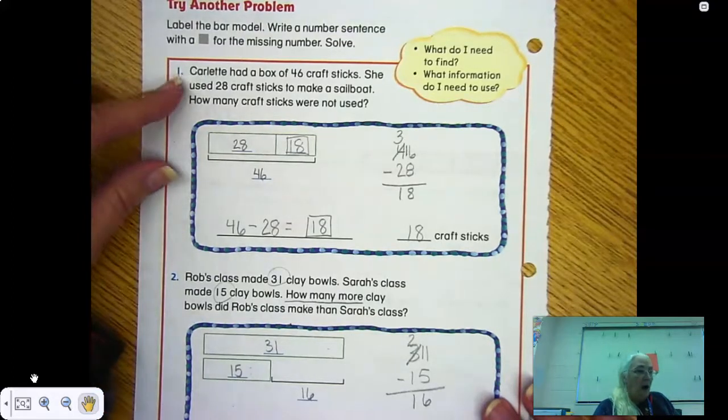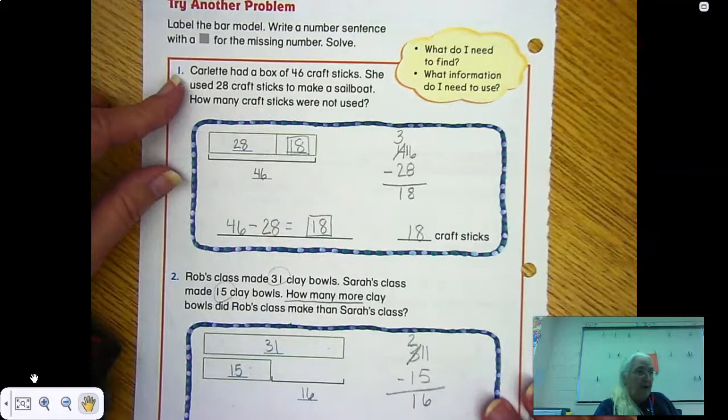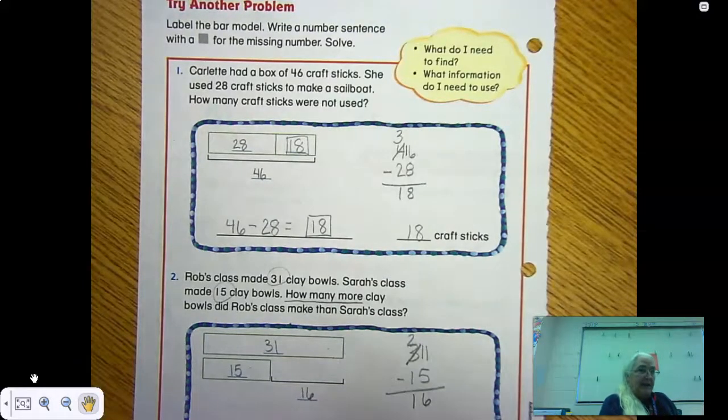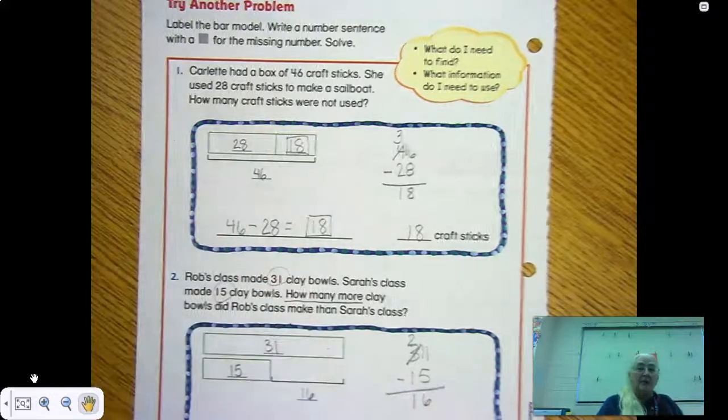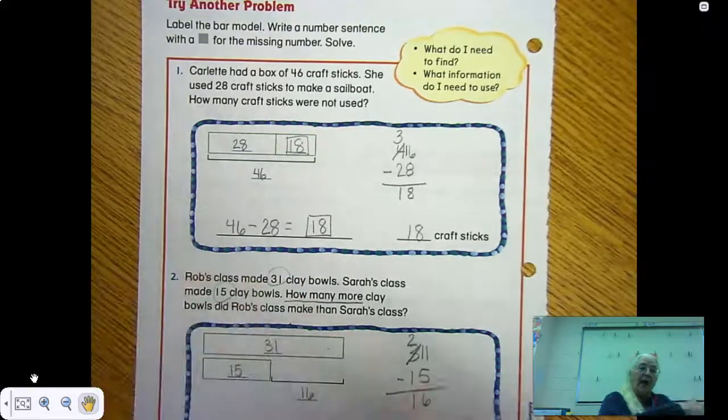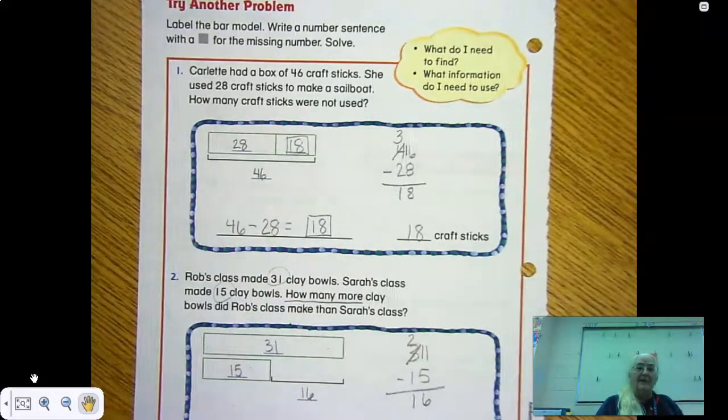So I imagined what was going on here. Carlette had a box of 46 sticks. She used 28. That means she actually reached in and took out 28 craft sticks. And how many were not used? How many were still in that box? Well, I know that that's a subtraction problem. If I start with a whole and I take away a part, that's a subtraction problem.